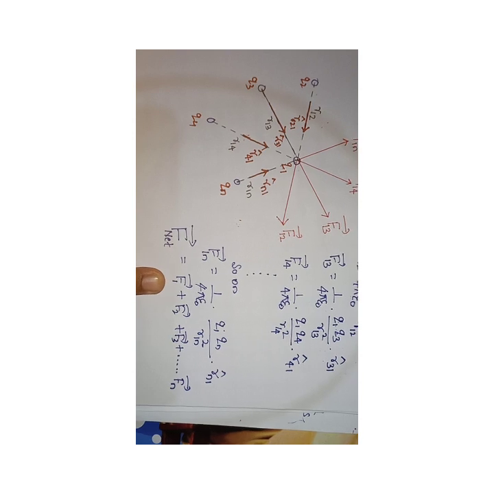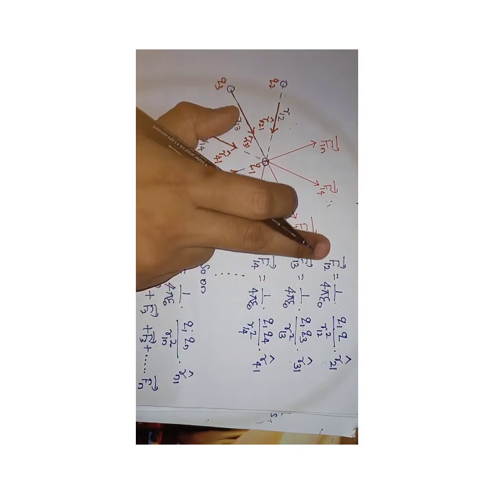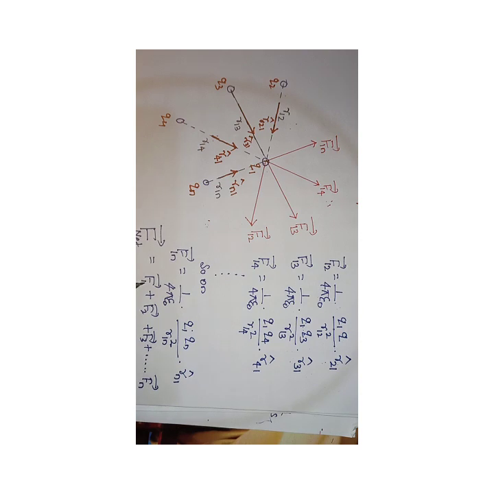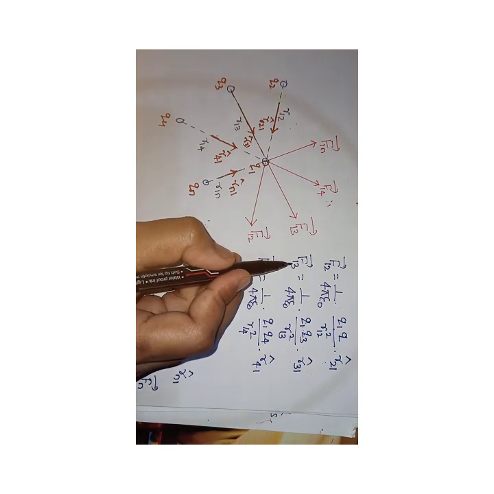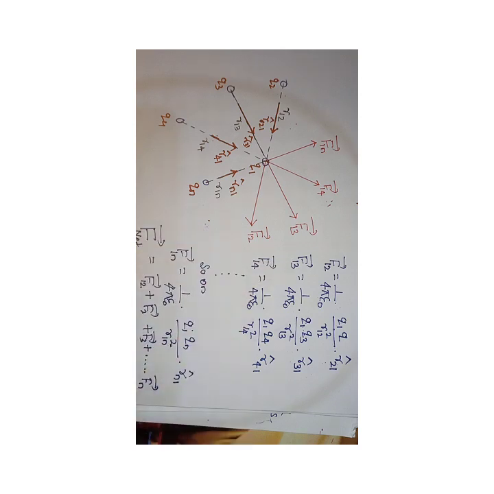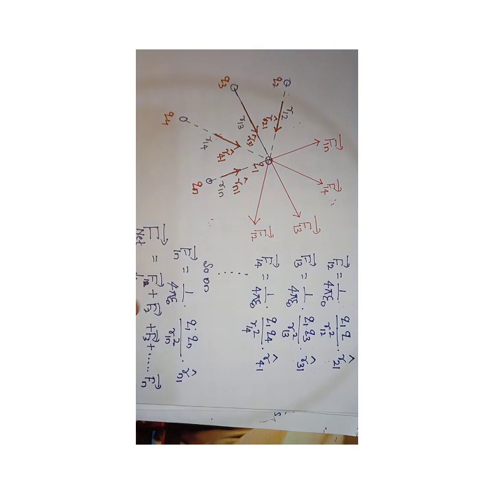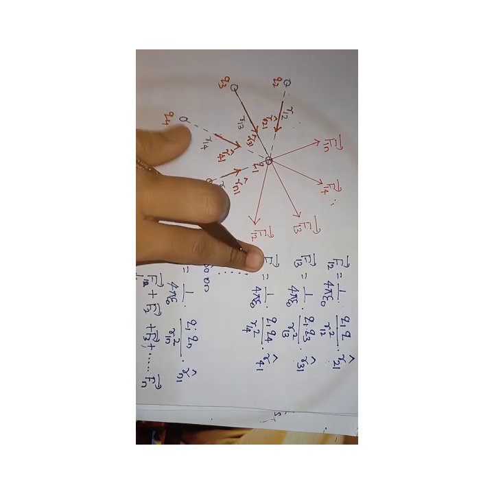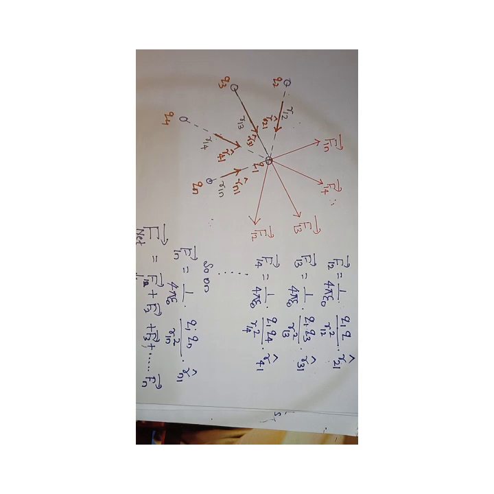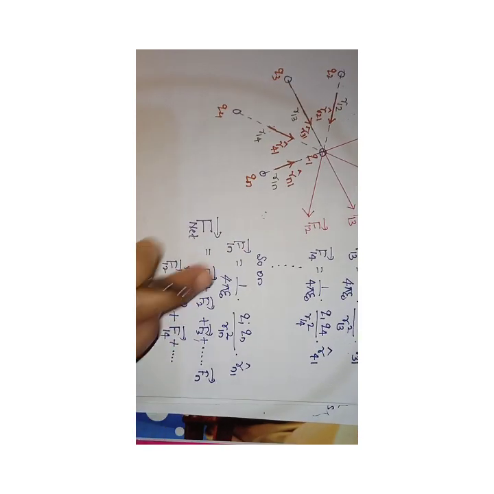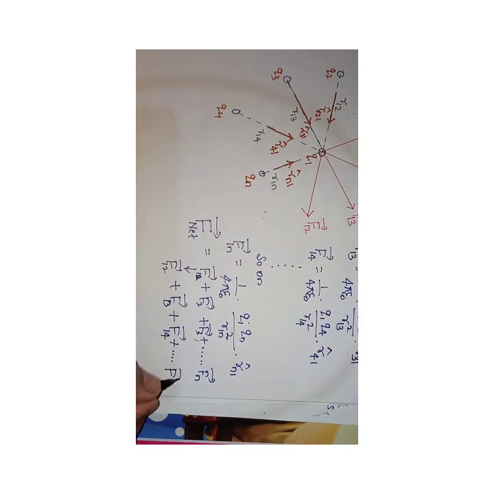So F1 is vector F12, F2 is vector F13, F3 is vector F14, and so on, up to the last force.